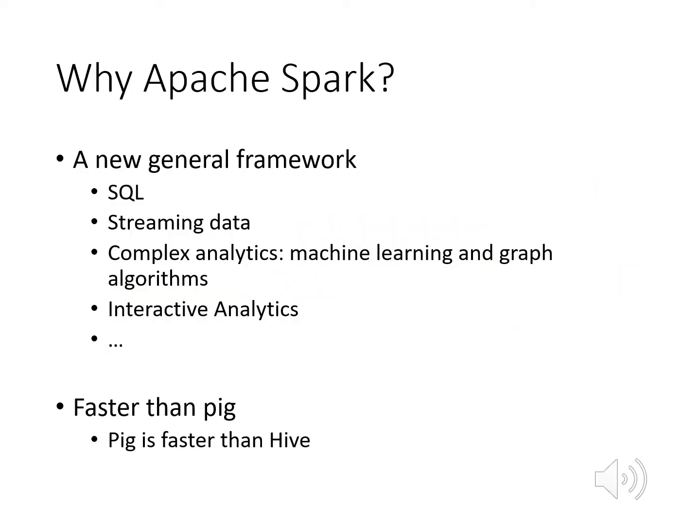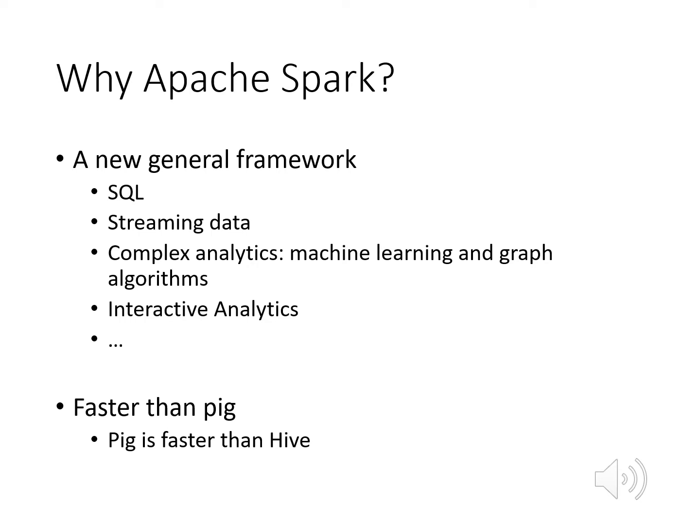Apache Spark has emerged as the next generation big data processing engine in a very short time, and it is being applied throughout the industry faster than ever. Spark improves over Hadoop MapReduce.